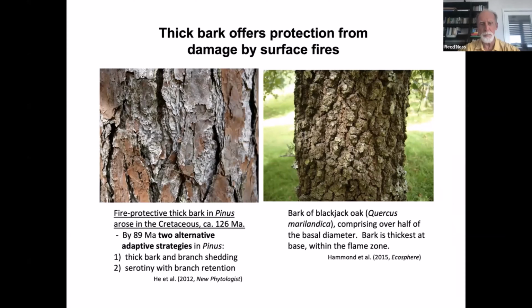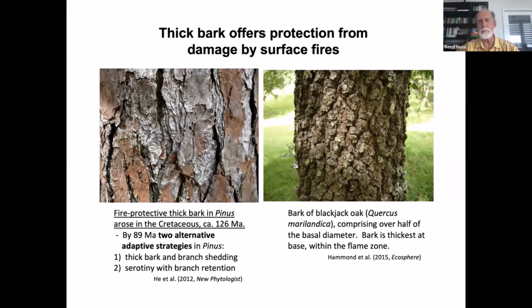One characterized by thick bark and branch shedding, which is what we find in a frequent surface fire type regime. And then another type characterized by serotiny, closed cones that open under the heat of fire, and branch retention to actually bring fire up into the canopy. And we see both of those adaptations in various pines today.